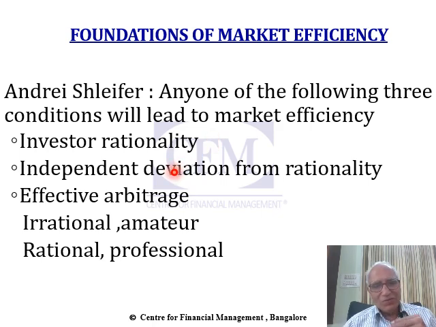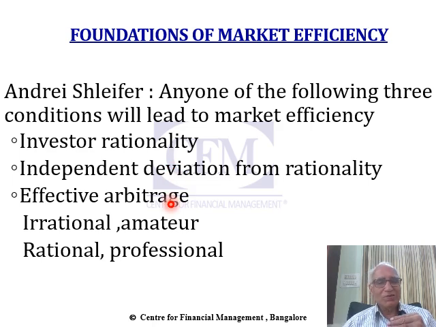Even if investors are not rational and form incorrect opinions, as long as the errors of investors are independent, the market can still be rational. In this situation, the collective wisdom of the market is far greater than the wisdom of individual investors.